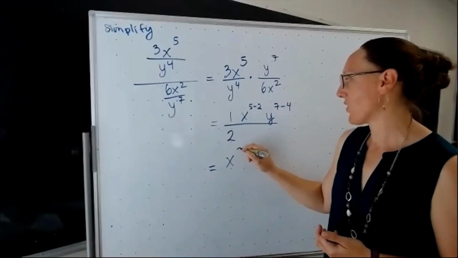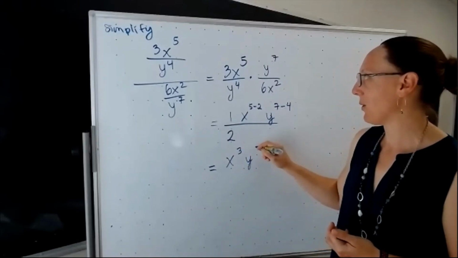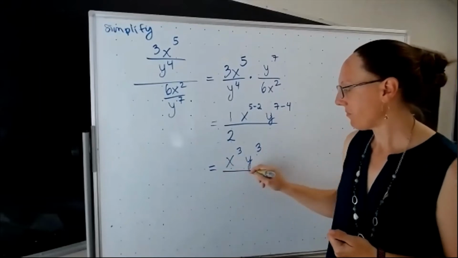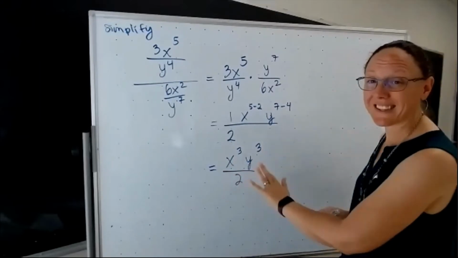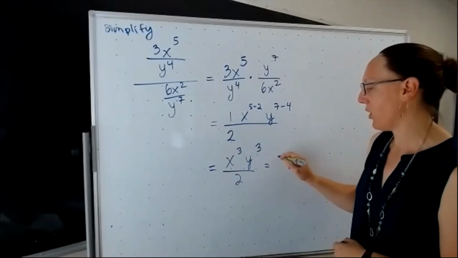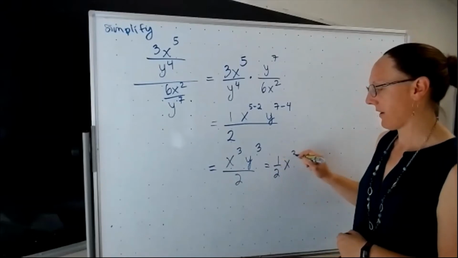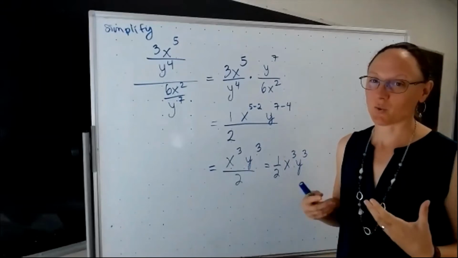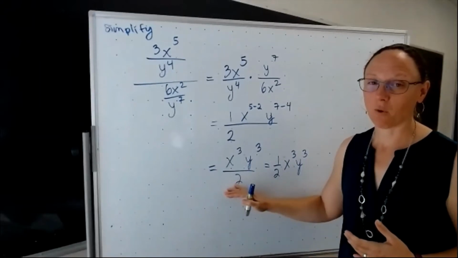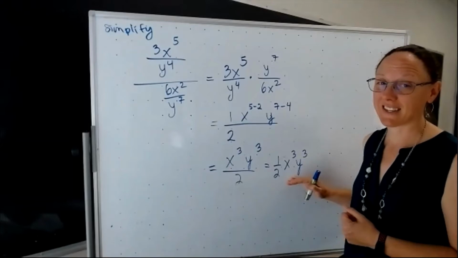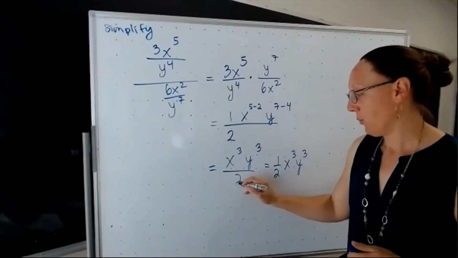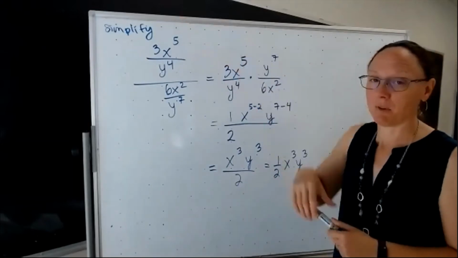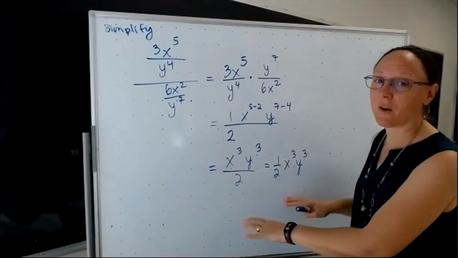I'm going to end up with x to the 3rd, and I'm going to end up with y to the 3rd. And I've got a 2, but this is equivalent to writing 1/2 x cubed y cubed. Again, this is one of those things where sometimes this is going to be the better form for it, and sometimes this is going to be the better form for it. With the vague instructions of simplify, either of these are correct answers.